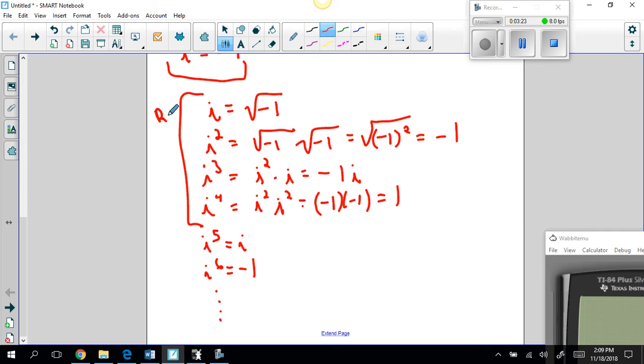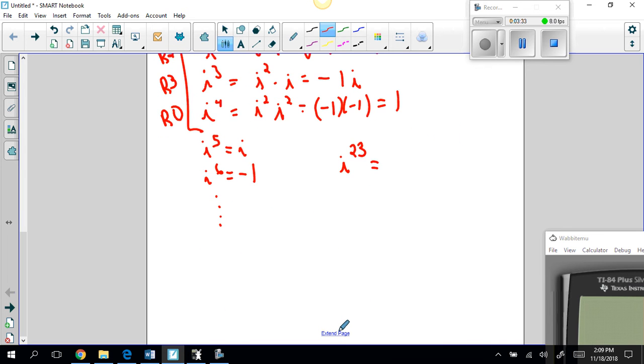I call this remainder 1, remainder 2, remainder 3, remainder 0. So when somebody asks me i to the 23, I just simply go 23 divided by 4 because there are 4 in the cycle, and I get a 5, and I get a 20, and I get a remainder 3. So remainder 3 is i cubed, therefore -i.